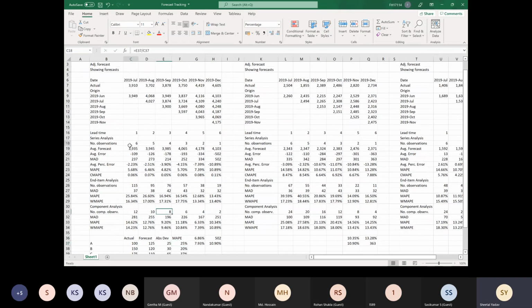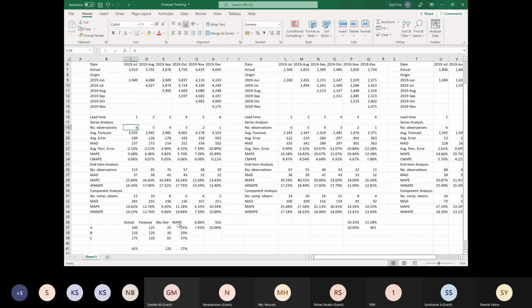So over here, when we look at this file, for example, because we have 6 observations, we are actually taking the average of those 6 observations. Which observations were taken here for arriving at the MAPE?